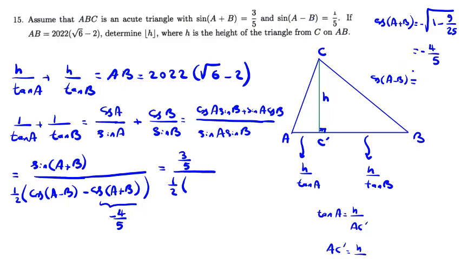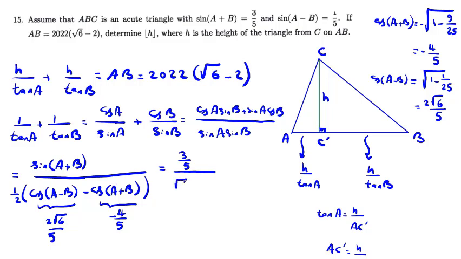So it will be the square root of 1 minus (1 over 5) squared, which is 24 over 25, which will be 2 root 6 over 5. Now let's replace here cos(A minus B). We proved that it is 2 root 6 over 5. Now if we cancel, let's consider 1 over 2.